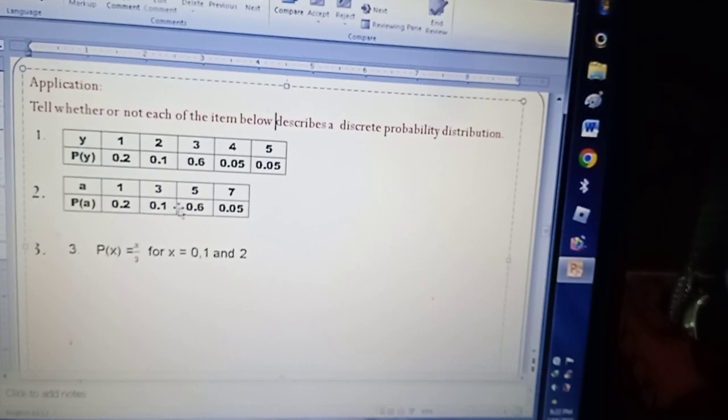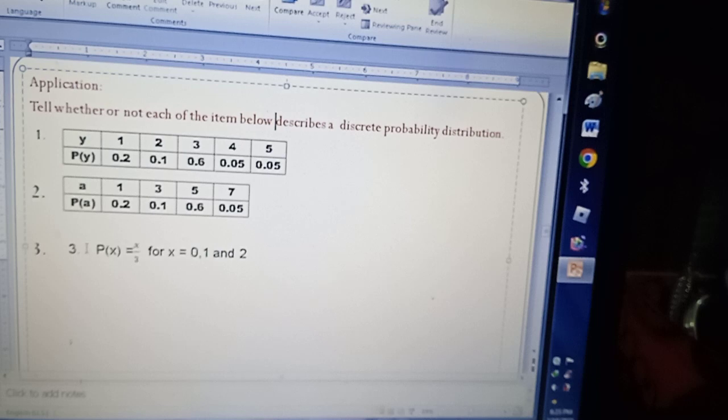But for the second property, let us find out: 0.2 plus 0.1 equals 0.3, 0.3 plus 0.6 equals 0.9, plus 0.05 equals 0.95. It has not reached 1, and therefore, this is not a table of discrete probability distribution.